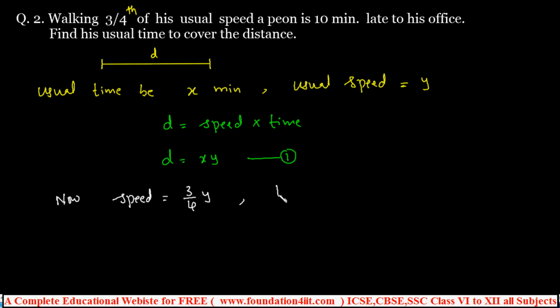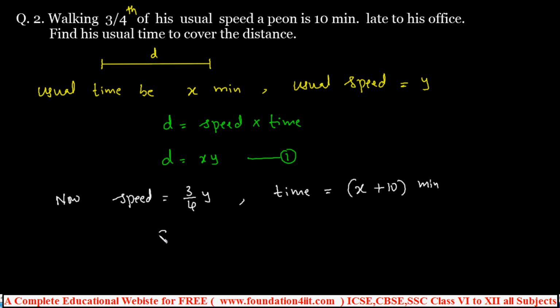And time: previously he would go in x minutes, but now he is 10 minutes late to his office. 10 minutes late means he's taking extra 10 minutes, right? So instead of within the time, he's taking extra 10 minutes to reach. So earlier time is x minutes. Now we'll take x plus 10 minutes.